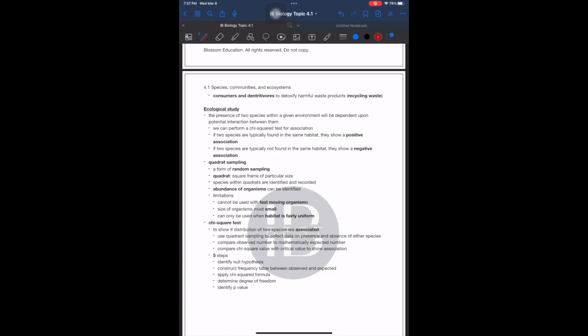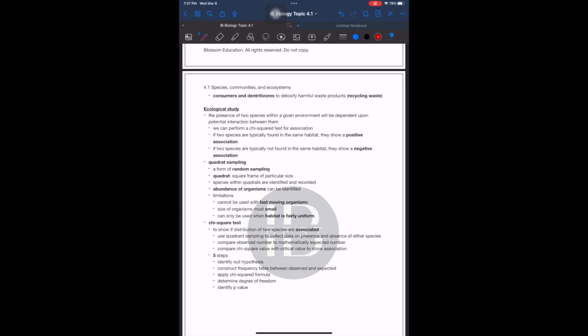A quadrat is a square frame of a particular size. It could be arbitrary, but it would be set during the study, and the species within the quadrats are identified and recorded, and we would then identify the abundance of a certain organism or a few species.